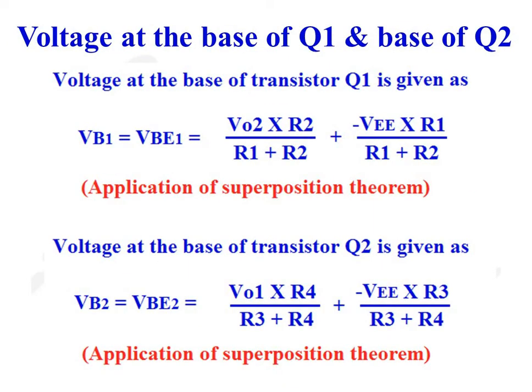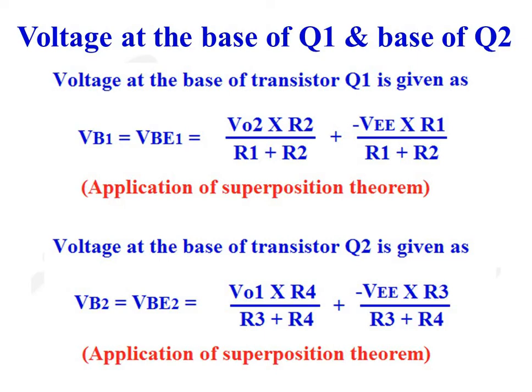So, voltage at the base of transistor Q1 and base of transistor Q2. Voltage at the base of transistor Q1 is given as VB1 equal to VBE1 equal to V02 into R2 divided by R1 plus R2, plus minus VEE into R1 divided by R1 plus R2. Application of superposition theorem.